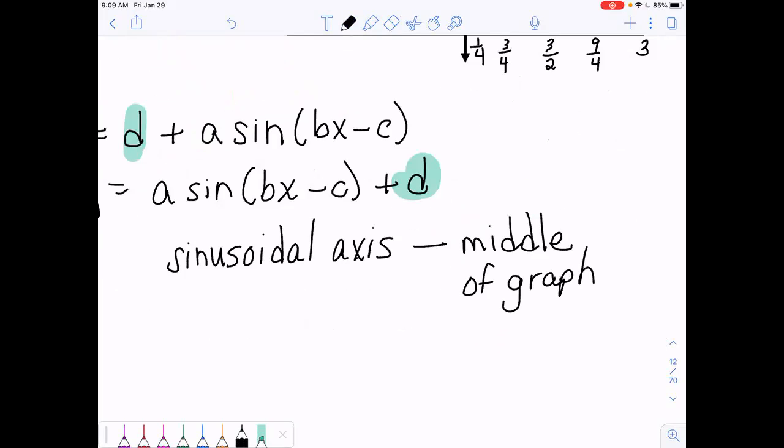It's like the horizontal line that goes through the graph. Kind of, it's invisible. Think of the axis of symmetry for a parabola. This is the same thing, but it's horizontal. So it's this horizontal piece that goes through the middle of the graph. That sinusoidal axis happens at the D value.